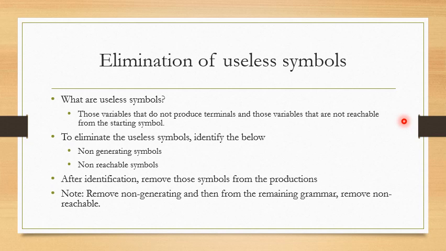Such productions will never be used even though they are in the grammar. The meaning of the grammar will not be changed, but there is no use of those productions or symbols. So it is best to eliminate them, and that way you will have minimized production rules in your grammar.